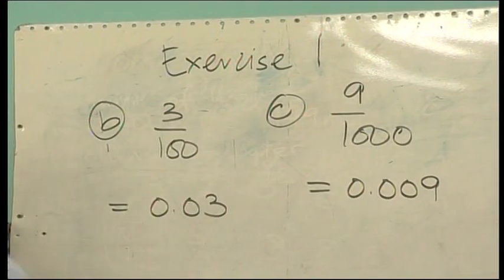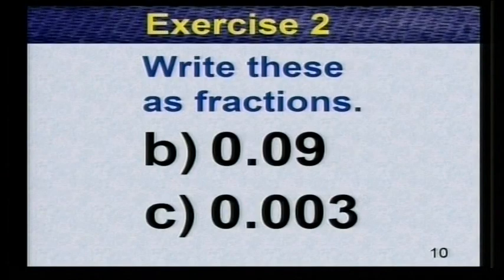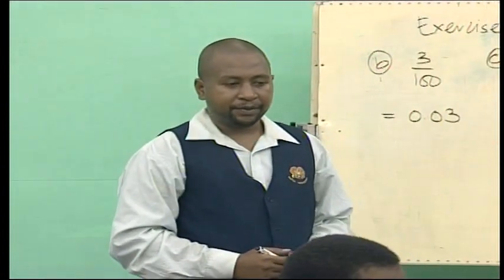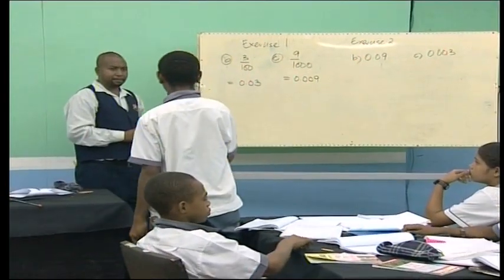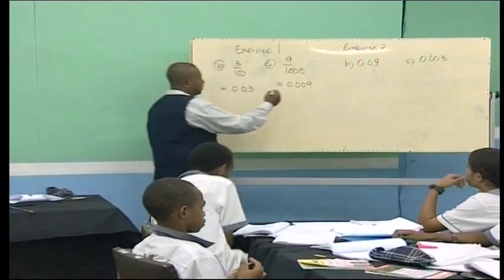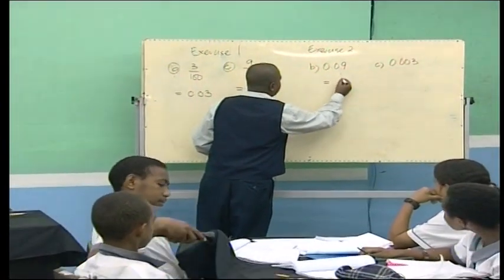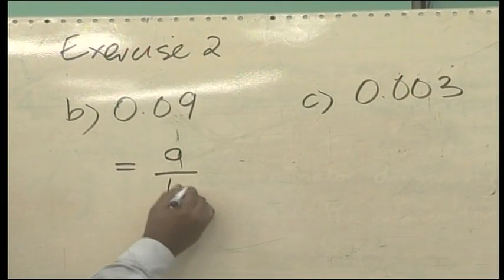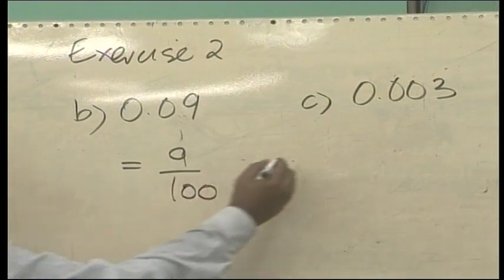Exercise 2, B. We are going to change the decimal 0.09 to a fraction. JJ. 9 over 100. Okay.